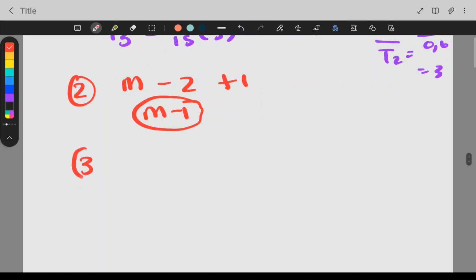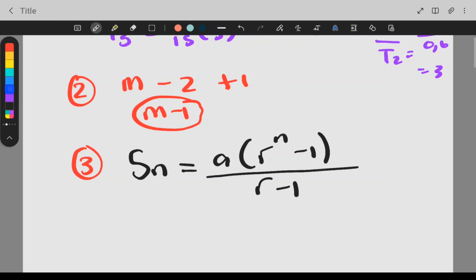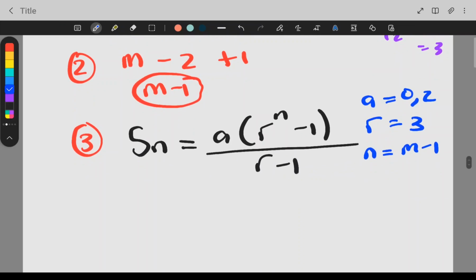Now, because it's geometric, I'm going to write the formula down. And then on the side, I'm quickly going to write A was what again? 0,2. R was 3, and the number of terms is M minus 1. I'm going to sub, and I'm working backwards. Sn is the 24 and the first.